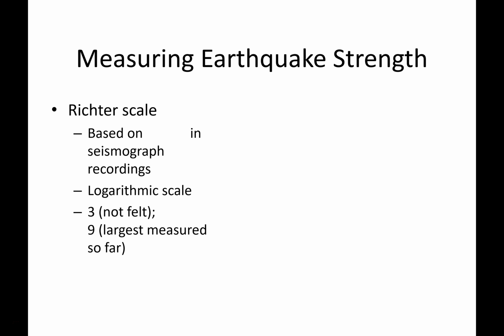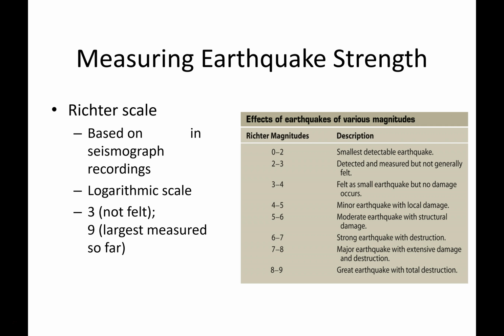Earthquakes are measured using the Richter scale. Each unit is 30 times more or less than the unit before it. The Richter scale is based on the seismograph created at the time of the earthquake; they look at how much the pen swings and translate it to magnitude.